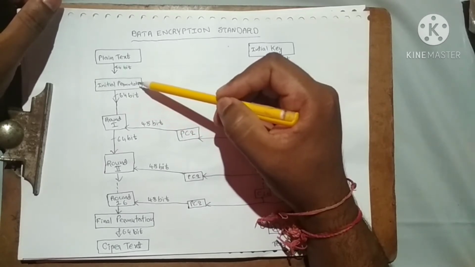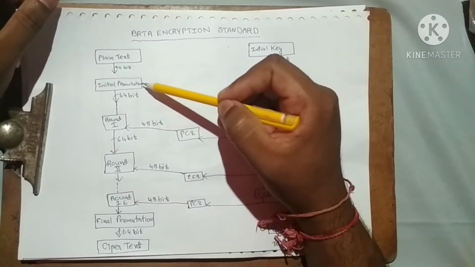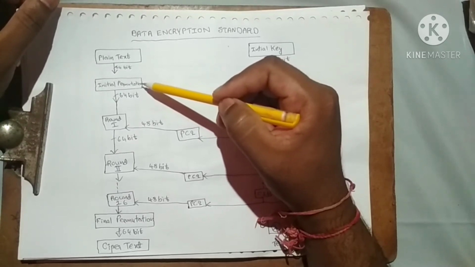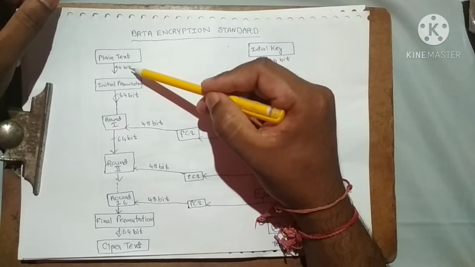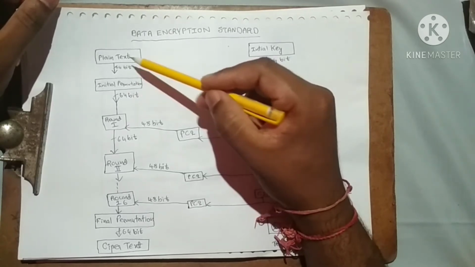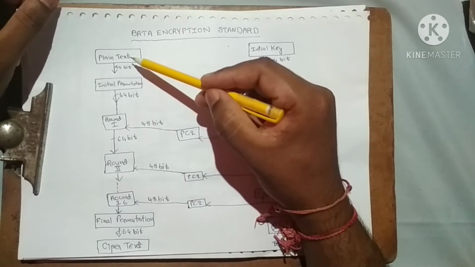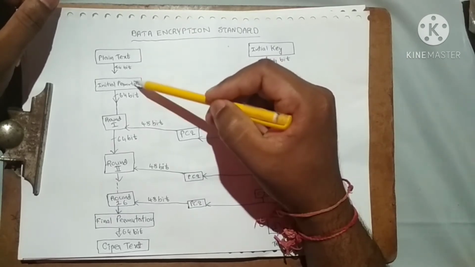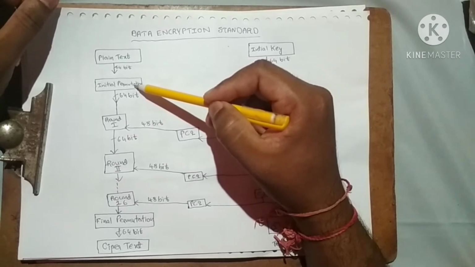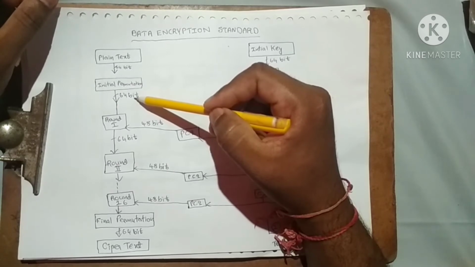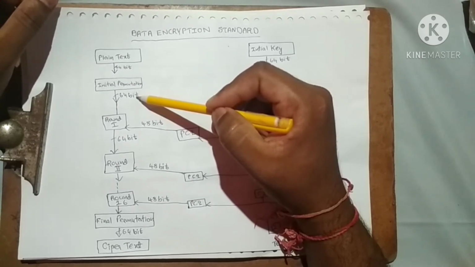So what happens in the initial permutation? What is its role? The initial permutation rearranges the 64-bit plain text. In the plain text, the bits 0 to 64 are in a particular order, but in the outcome of the initial permutation the order is changed.